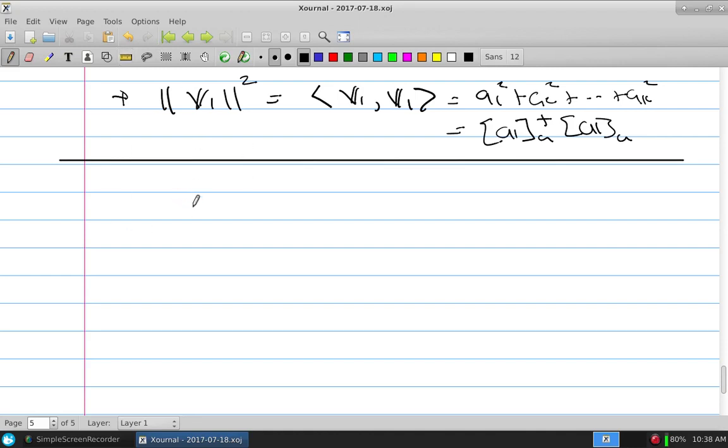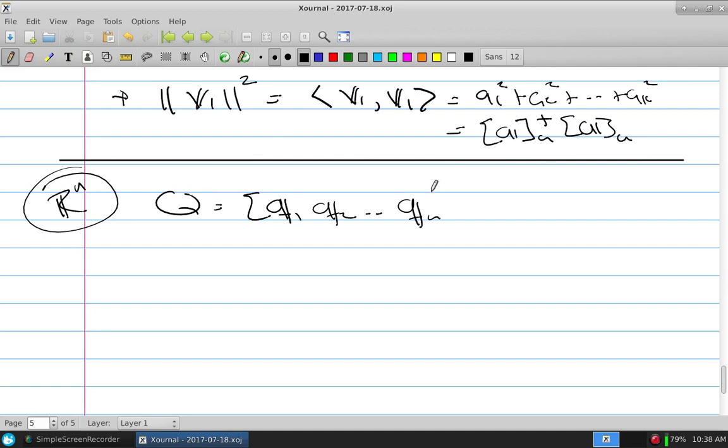Another property of this, though, is if we're looking at, for example, Rn, if I would say Q is equal to Q1, Q2, up to Qn, and the Qi are an orthonormal set.